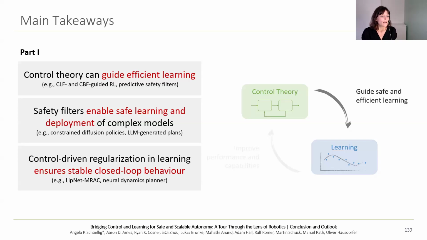And lastly, control-driven regularization in learning was used to achieve stable closed-loop behavior in the real control loop, for example, through Lipschitz neural networks. So these were the type of techniques we have seen, and they worked on various robotics platforms, but I could see this also happen in very different application areas, actually.